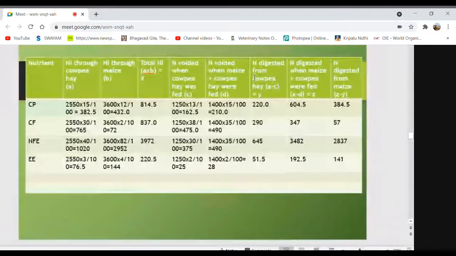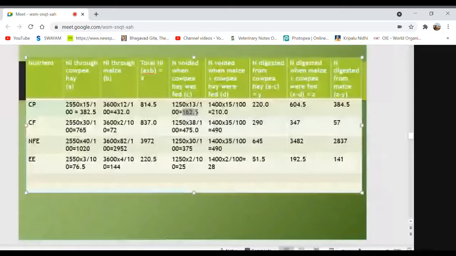Nutrient digested from the cowpea hay. What was the intake? This was the intake of CP, and this is the nutrient voided, the outgo of CP. Intake minus outgo is equal to nutrient digested. So therefore, A minus C. This is the nutrient digested when only cowpea hay was fed.